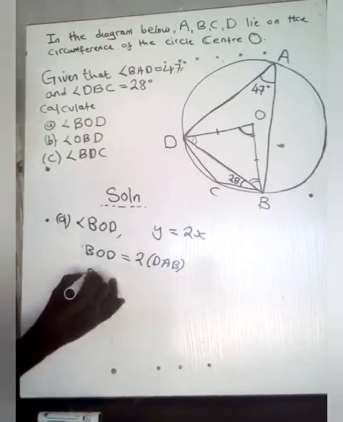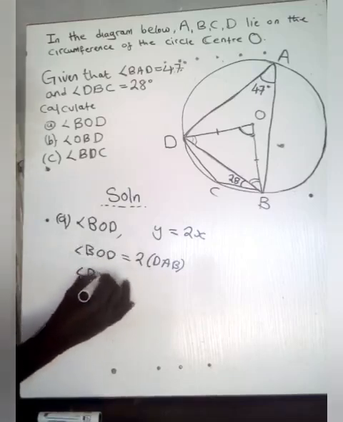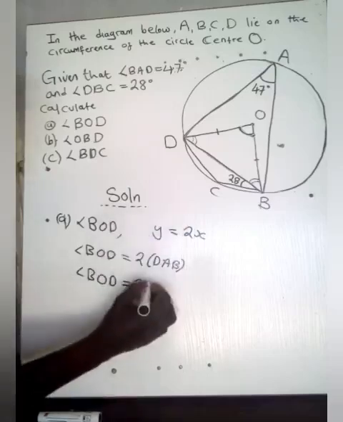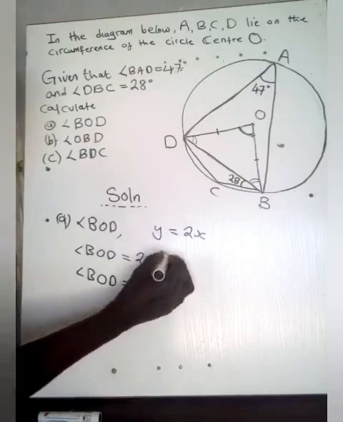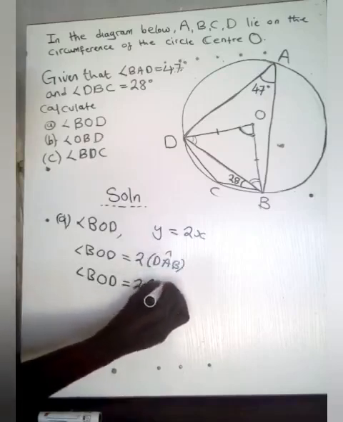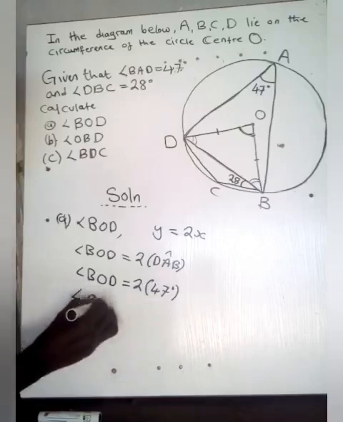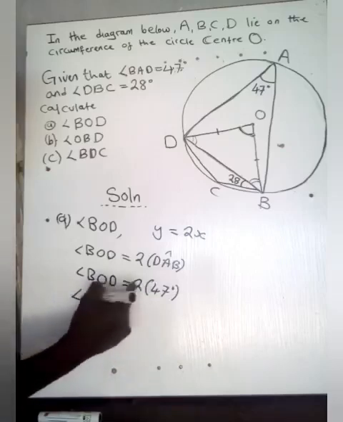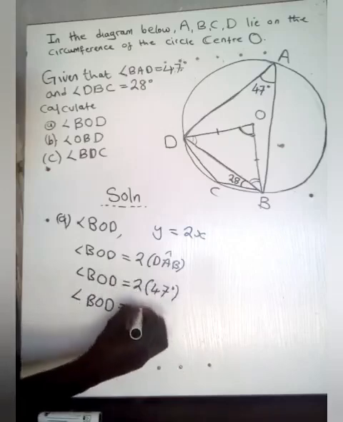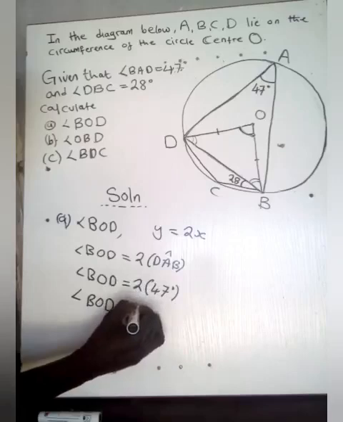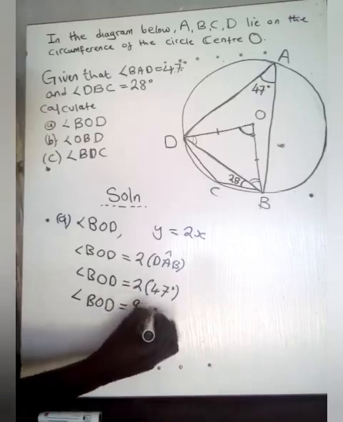What is BOD? BOD is equal to 2 times DAB. DAB is 47. So angle BOD will be equal to 47 times 2. That gives 94 degrees.